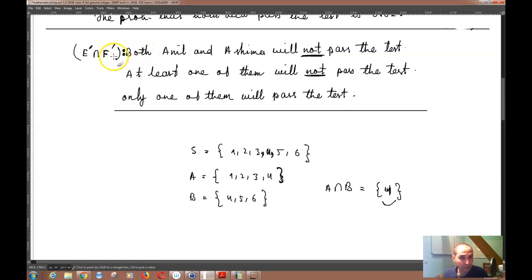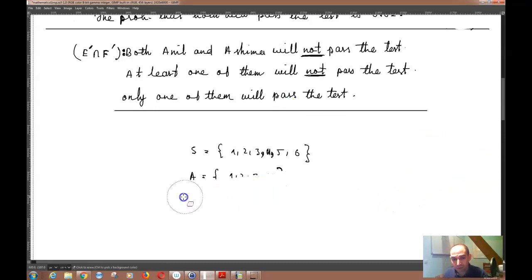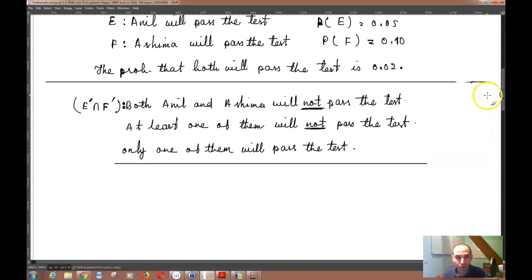So when you say that, for example, both Anil and Ashima will not pass the test, the not is a different story. But for the both part, you can use the concept of intersection. Now we are saying that both Anil and Ashima will not pass the test.